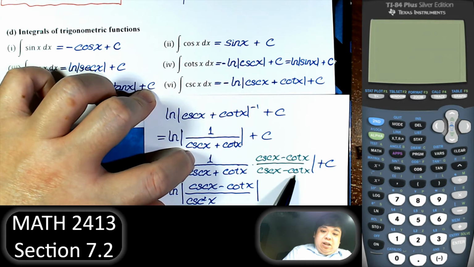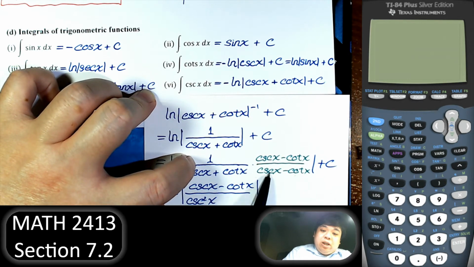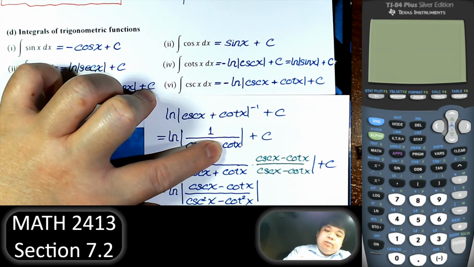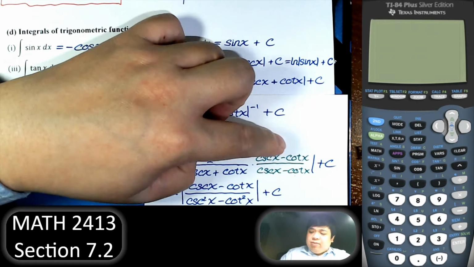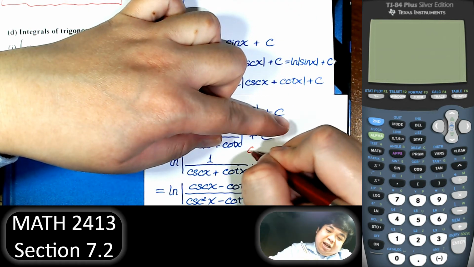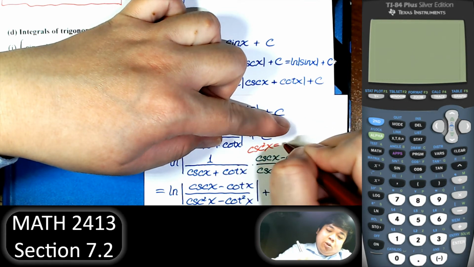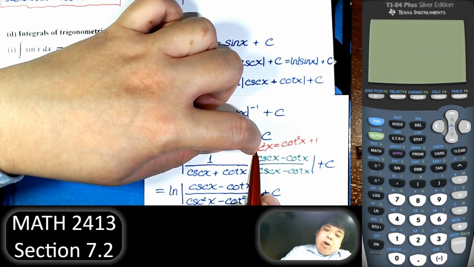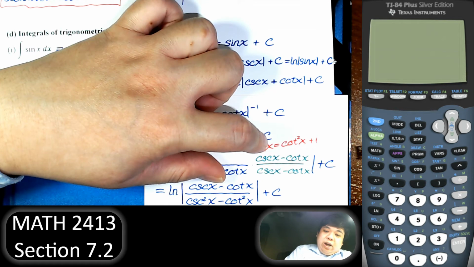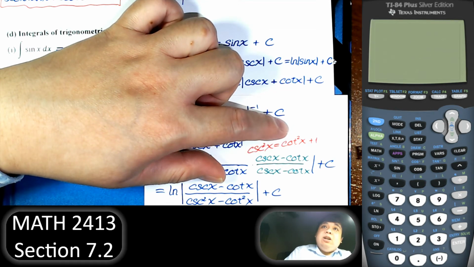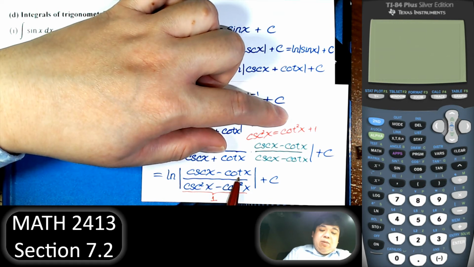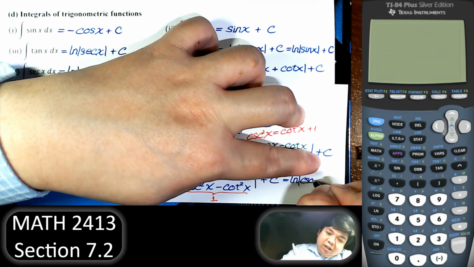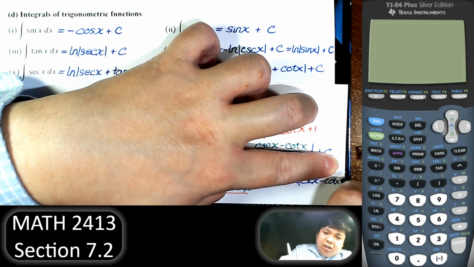Negative cosecant cotangent plus cosecant cotangent cancel out, and then we have minus cotangent square. Now notice that cosecant square is equal to cotangent square plus 1. So cosecant square minus cotangent square is just 1. So we have cosecant minus cotangent. That's all we have. Cosecant x minus cotangent x plus c.